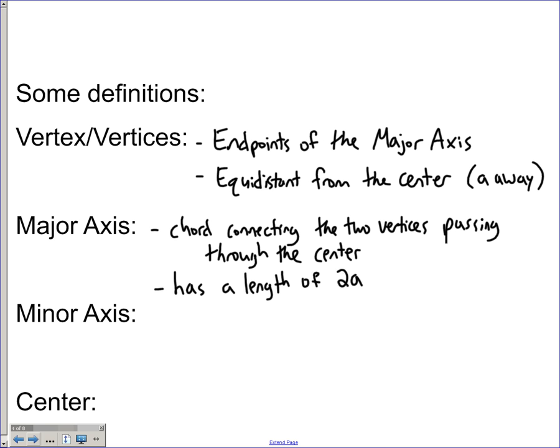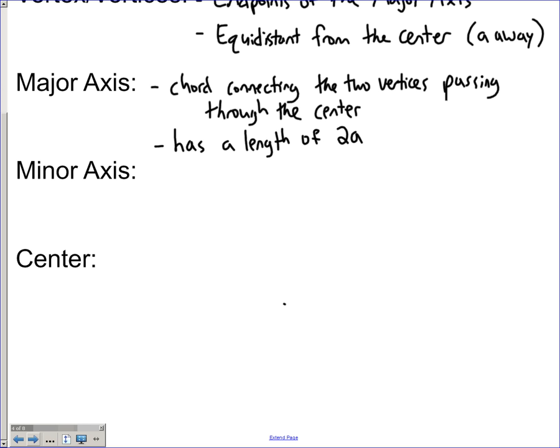Now the minor axis, kind of similar to the major axis, this is going to be a chord perpendicular to the major axis, and it also passes through the center.